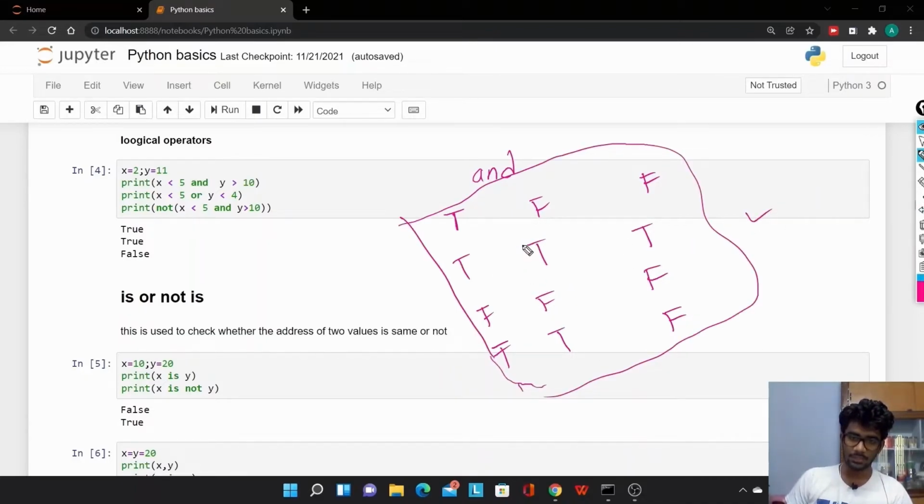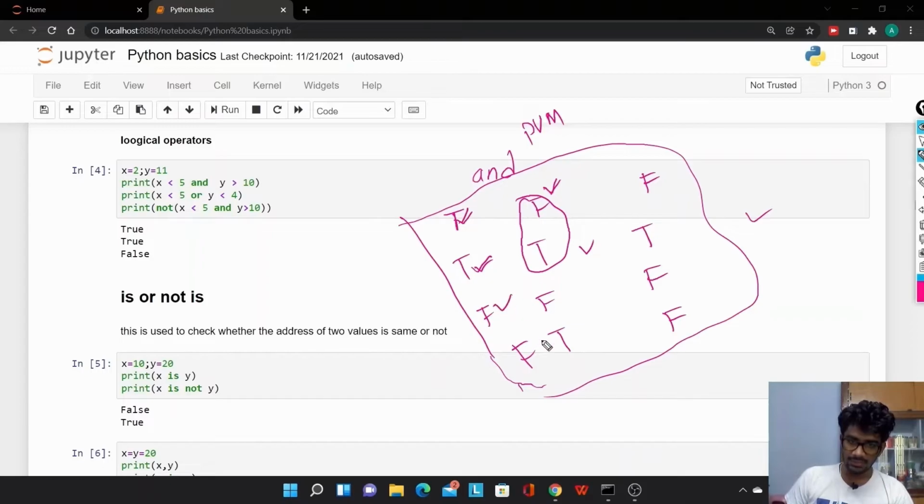Here is one point that you need to keep in mind. If the first part is true, only then will the second part be checked by the Python virtual machine. Keep that in mind: only if the first part is true. Only in these 2 cases will we check whether the second part is correct or not.